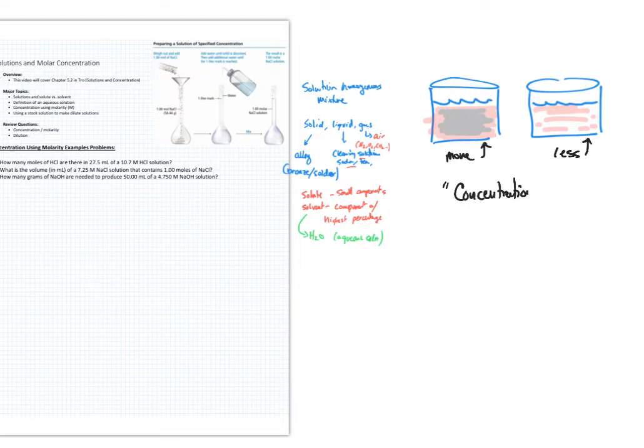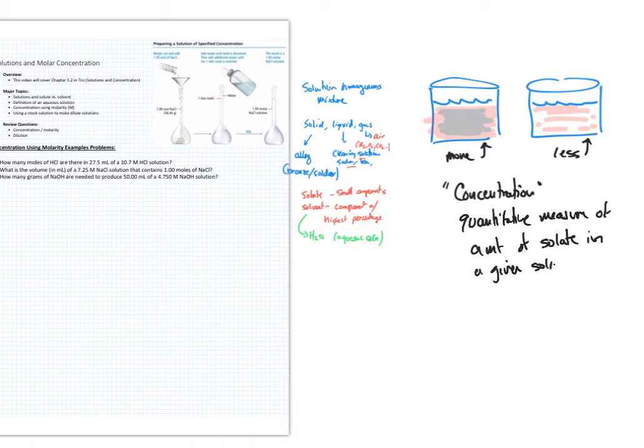And the concentration is a quantitative measure of the amount of solute dissolved in this solution. Okay? So it's a quantitative measure of the amount of solute in a given solution.